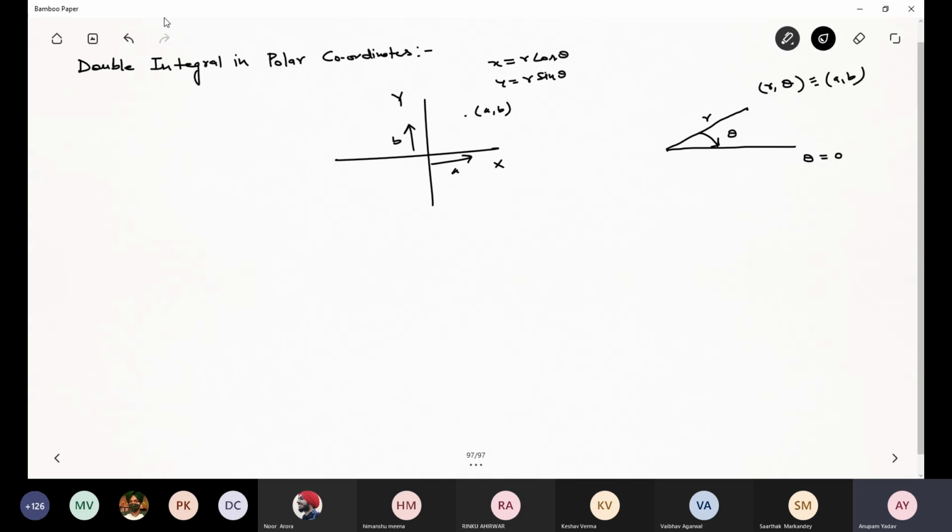In the Cartesian coordinate system, we have four quadrants. In the first quadrant, all entries are positive. In the second and fourth, one is positive and one is negative, and in the third quadrant, all of the entries are negative. But in the polar coordinate system, we have the privilege of not having to choose a negative value of r. We can always have r as a positive value, and still represent each and every point in the entire plane.